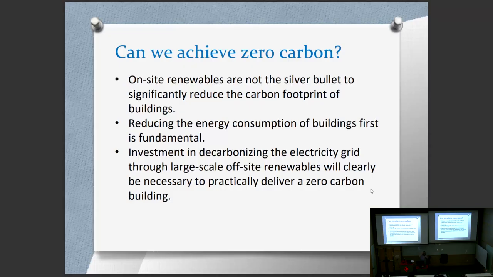So if Hong Kong wants to achieve carbon neutrality, we cannot rely on on-site renewable energy. Installing PV panels in all the buildings in Hong Kong will not get you to carbon neutrality. We need off-site renewable systems. In far-away areas, large-scale PV panels or wind turbines may be able to get you to zero carbon.